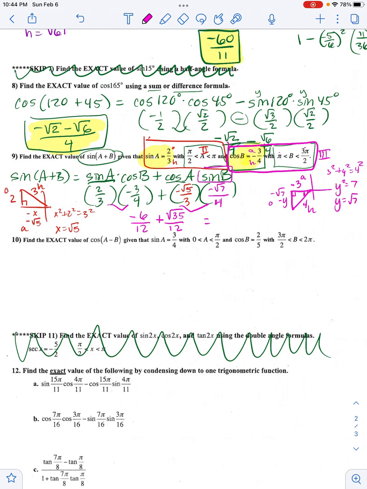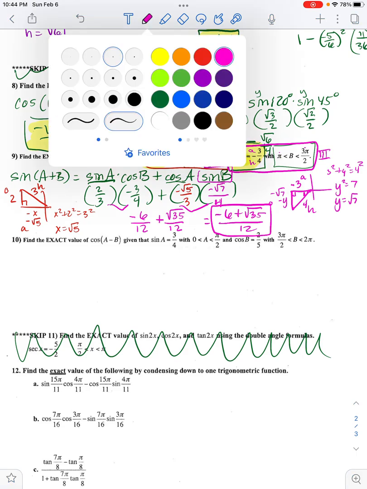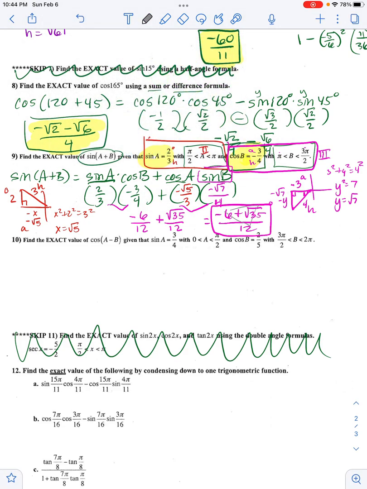So I'm going to go ahead and write my answer as negative 6 plus root 35 all over 12, and avoid the temptation of dividing the 6 and the 12, because again, I always talk about triangle reducing, and it would have to come out of all three things, and that 6 can't be divided out of the root 35.